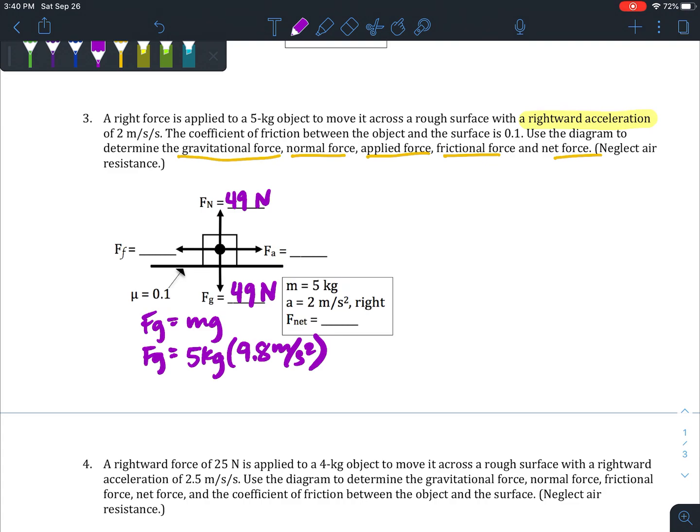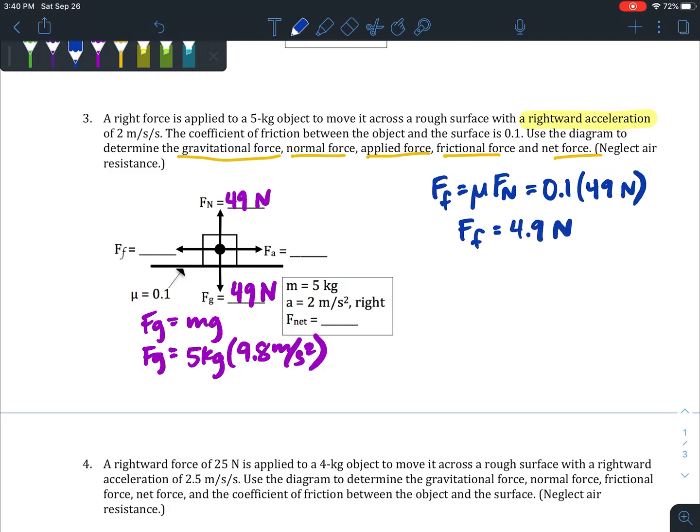Okay. Now that I know my normal force, and they gave me the coefficient of friction, I can actually solve for the force of friction. Right? So the coefficient was given as 0.1. And the normal force I just calculated was 49. And so my force of friction will be 4.9 newtons.